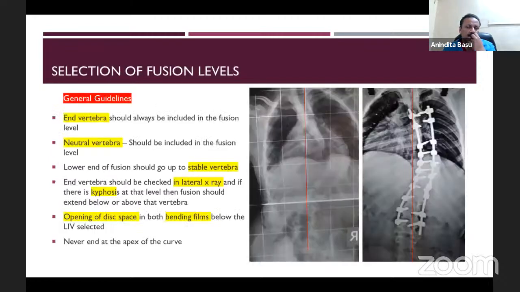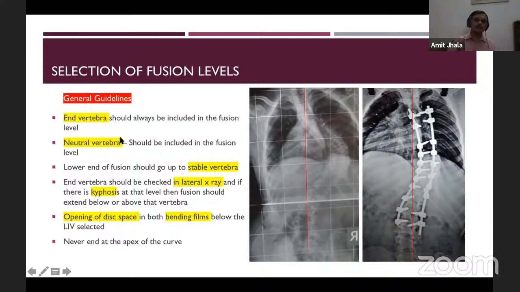So this is what I actually follow for any of the principles. I don't go by the classification, but this is what I follow routinely as my selection of the fusion levels. I would go up to the neutral vertebra, and that is what was taught by Bhavuk also, that you go up to the neutral vertebra wherever it's possible.